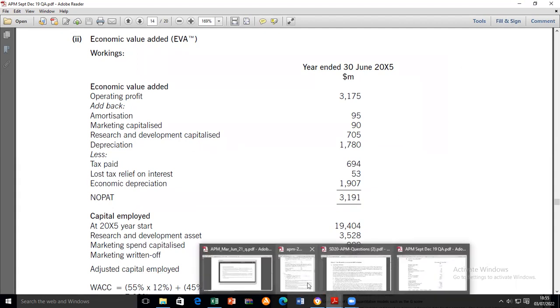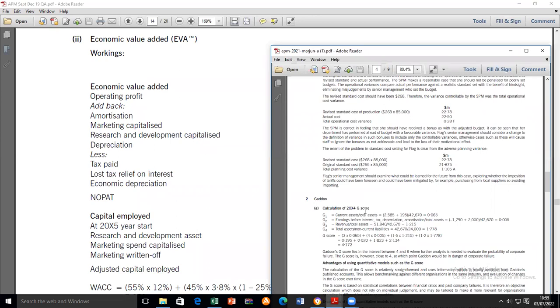Okay, so let's see our analysis. 268 by 85,000. Actual cost was 22.5. The revised was 268.